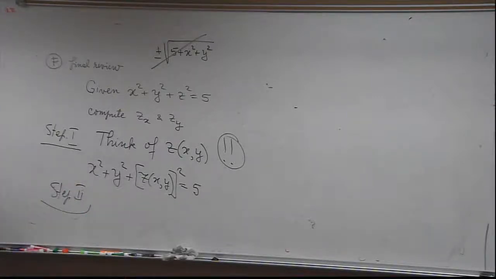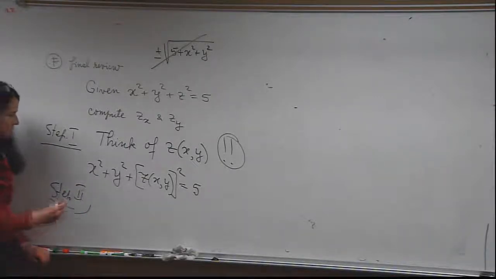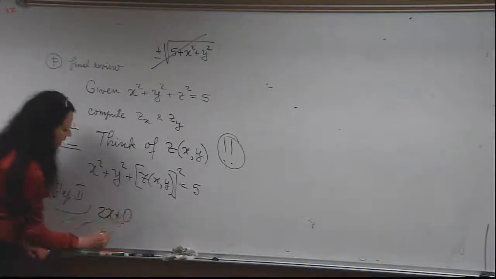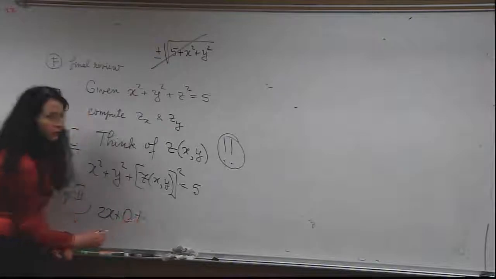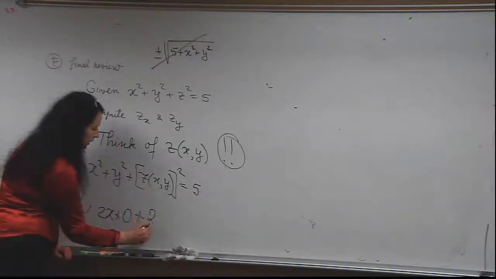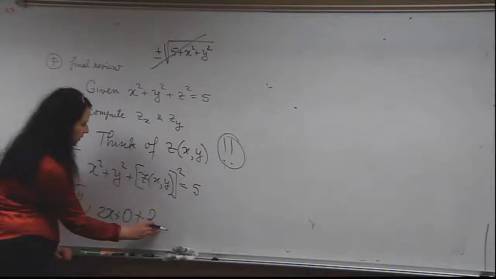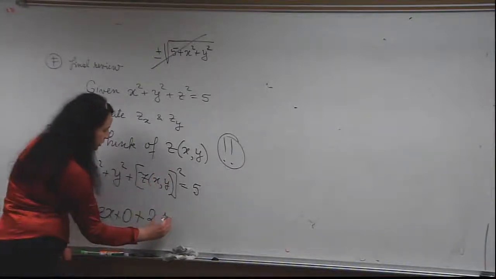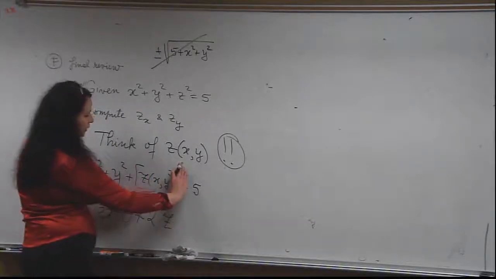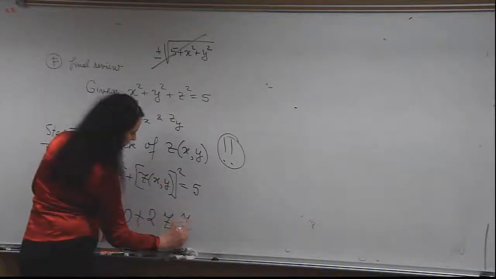differentiate this with respect to x. What do we have? 2x plus 0, thank God, plus chain rule, 2, jumpy down, that's the jumpy guy, power, jump down, 2z times z sub x, very good.